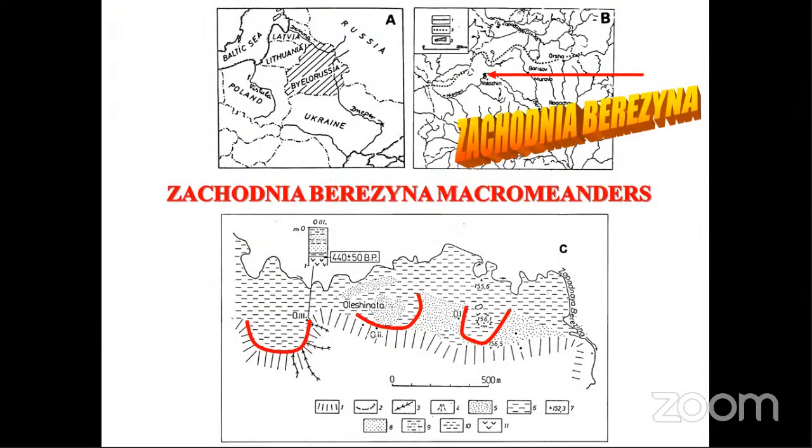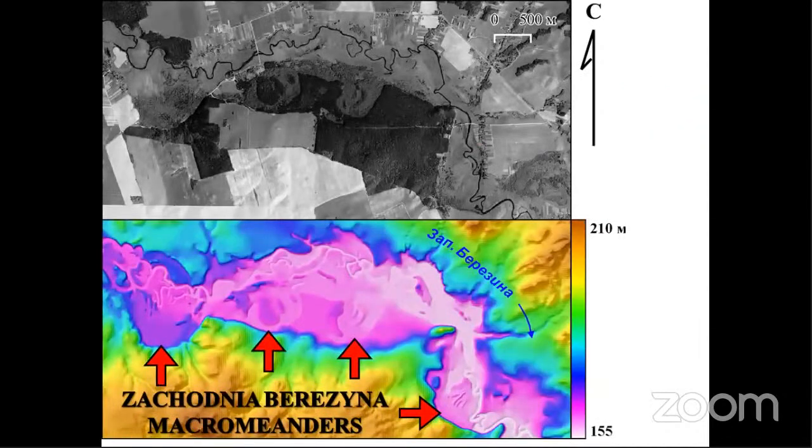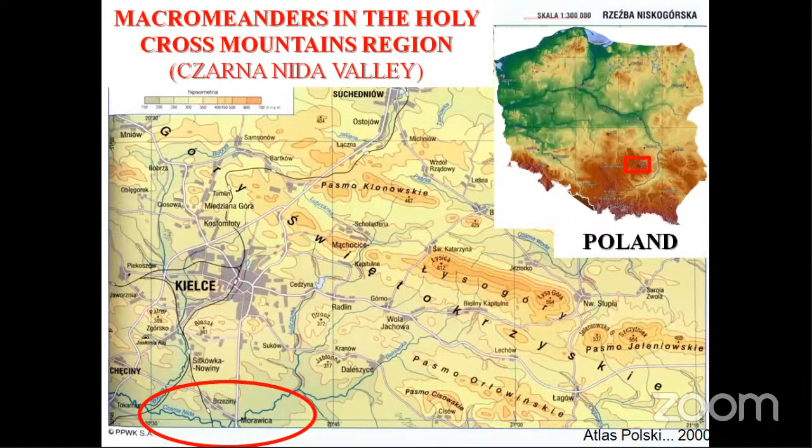Similar macromeanders were identified in the Zachodnia Berezyna Valley in Belarus, and these macromeanders are very well visible on a digital elevation model. In the Holy Cross Mountains region, macromeanders were identified in the Czarna Nida Valley.